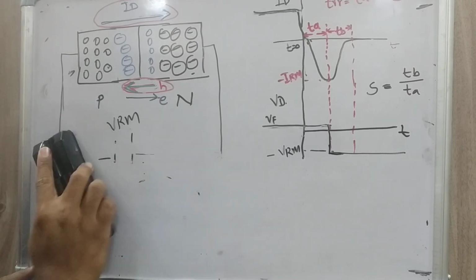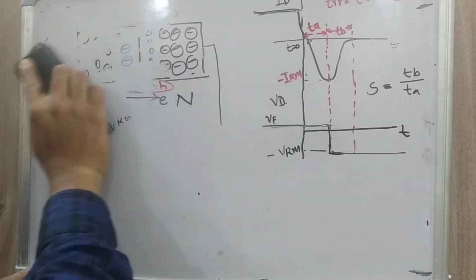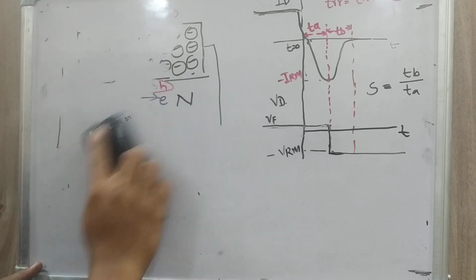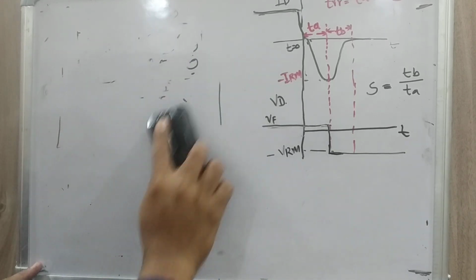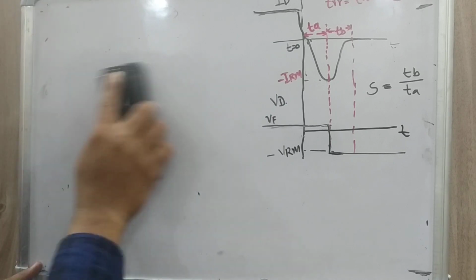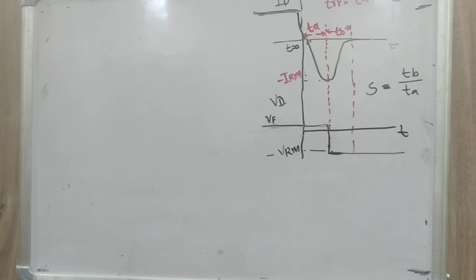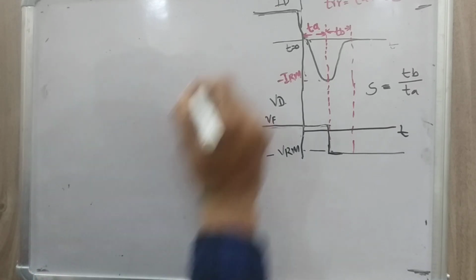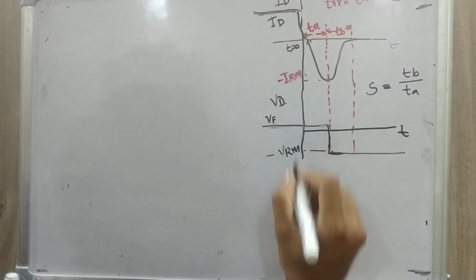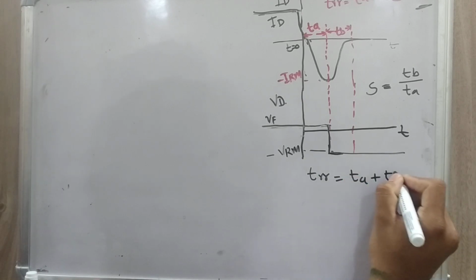I will erase this part. Now we will analyze these two. This is the current ID, and TRR is defined as TA plus TB.